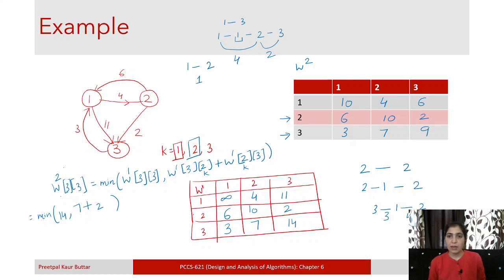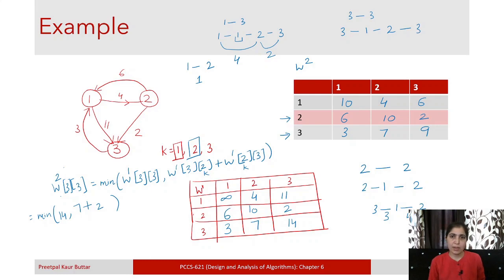It means if you want to go from 3 to 3, let us consider vertex 2. So vertex 1 was already considered in matrix W1. Now we are also considering vertex 2, and then there is 3. Okay, so was there any path from 3 to 1?